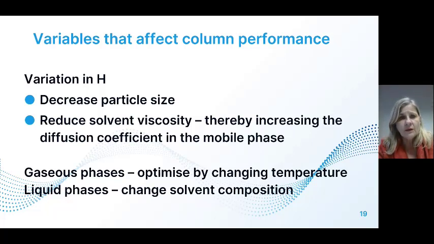With GC, we can change the temperature conditions. We normally use a gradient, and we play around with that gradient to get the best separation. And with HPLC, we can change our solvent composition.